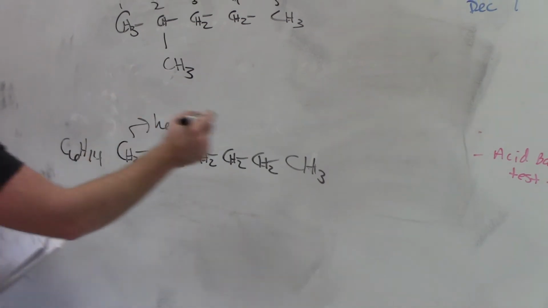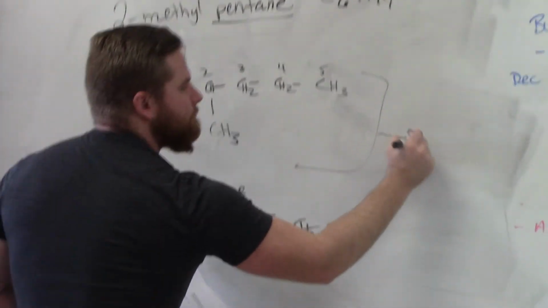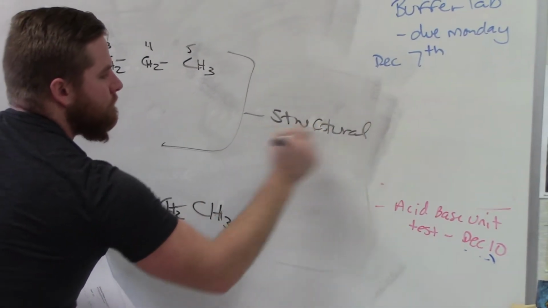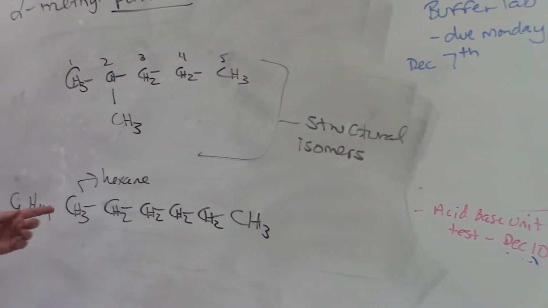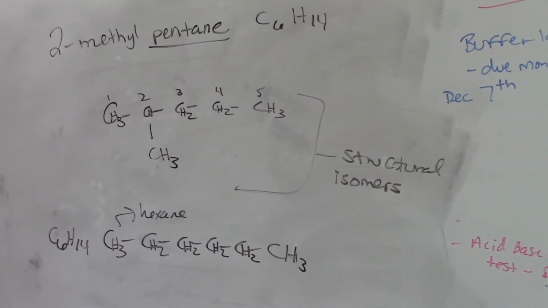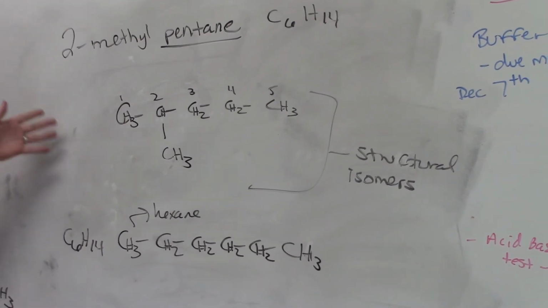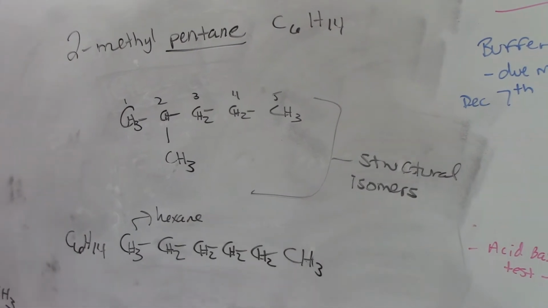These are called structural isomers. So these are structural isomers where they have the same chemical formula but a different chemical structure. Same formula, different structure. Okay? So they'll have different properties as a result.